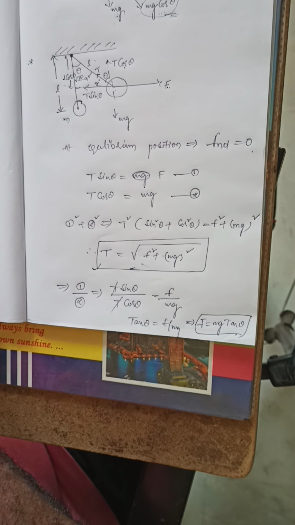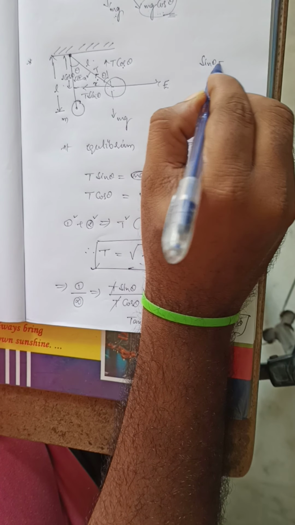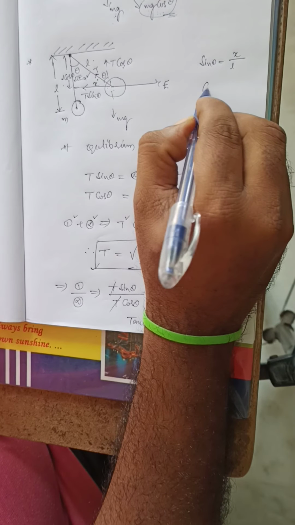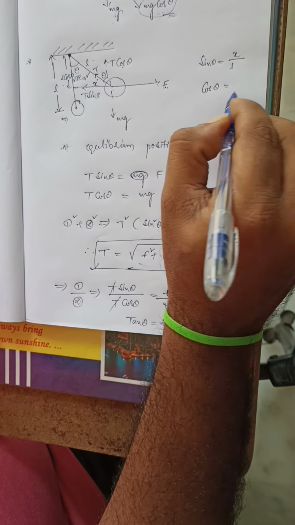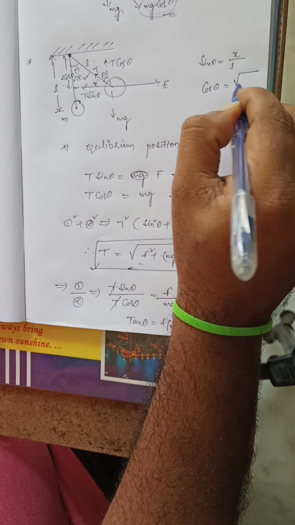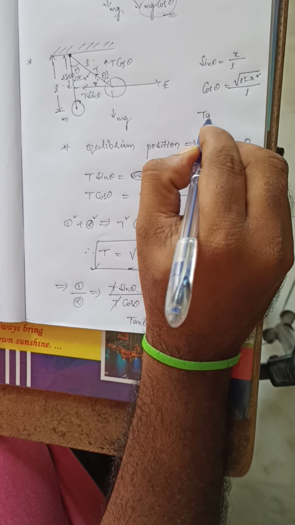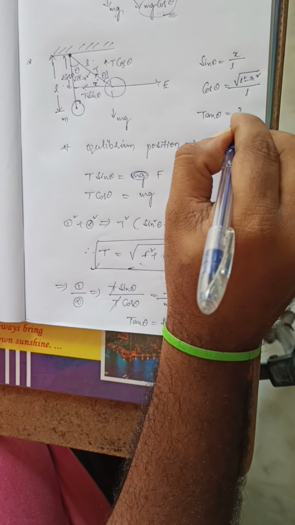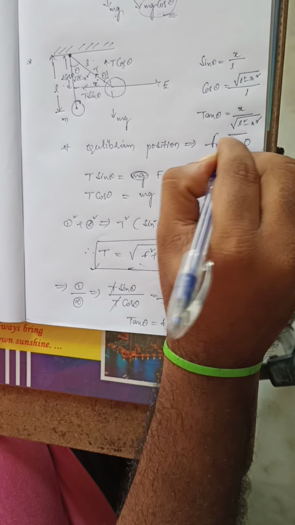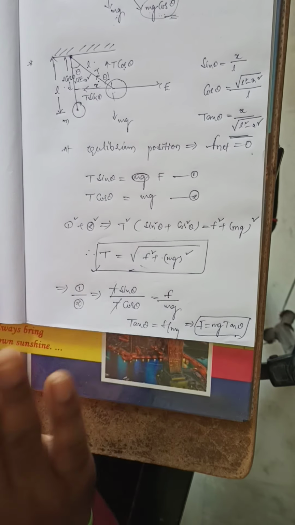So by using this value we can find out sin theta, that is equal to opposite side by hypotenuse, and cos theta is equal to adjacent side by hypotenuse. Adjacent side value is nothing but under root of L square minus x square by L. If you take tan theta, then opposite side by adjacent side, that is equal to x by under root of L square minus x square. Okay? So these things you have to remember. This is the second application.